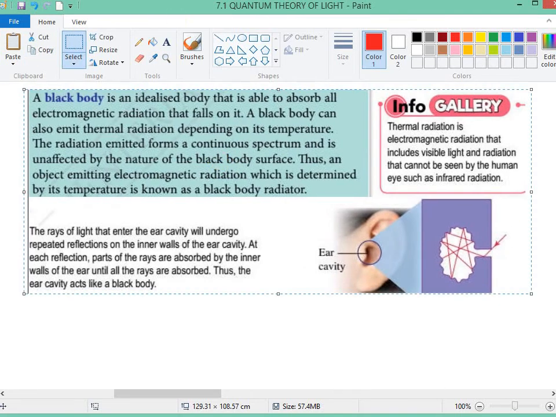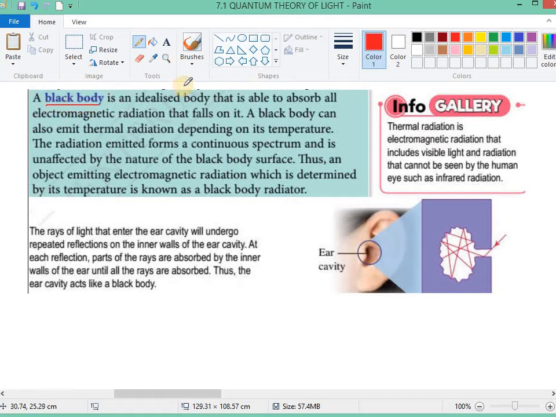Okay, so we look at here, it says that a black body is an idealized body that is able to absorb all electromagnetic radiation that falls on it. A black body can also emit thermal radiation, depending on its temperature.